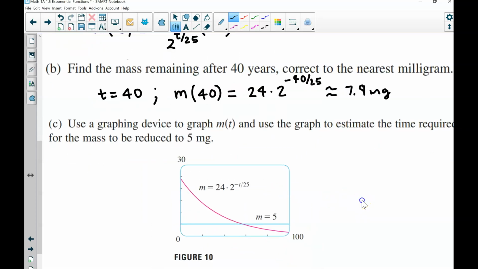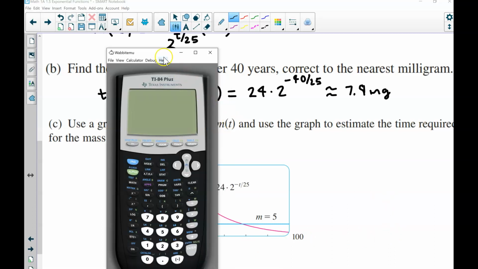Okay, so as you can see here, using our windows, our minimums and maximums for x and y, we have our x minimum is 0, the x max is 100, the y minimum is 0, and the y max is 30. So when we use the graphing calculator, we also graph the line m is equal to 5. I'm going to go ahead and put that in my calculator here.